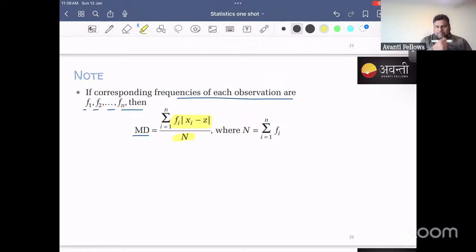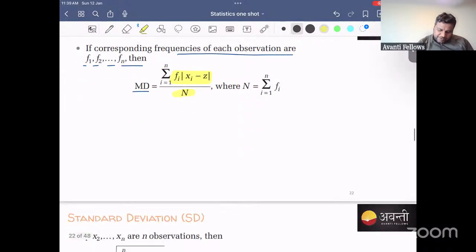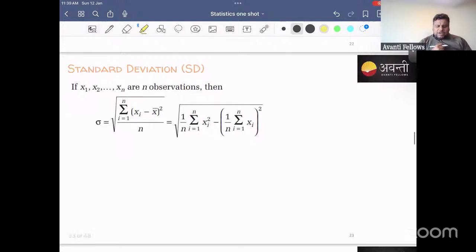This z can be mode if we are finding mean deviation about the mode. This z can be median if we are finding mean deviation about the median. Understood? Now there is a term standard deviation. Standard deviation is simply the root mean square of deviations.